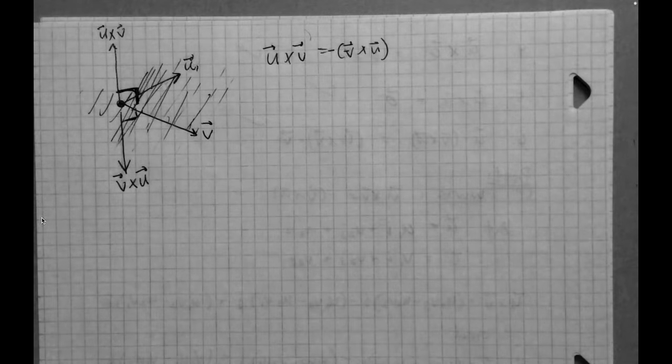And so that's why u cross v equals negative v cross u. Because u and v exist on a plane. When I cross u and v, I get one of the orthogonal vectors, and when I cross v and u, I get the other one. These two vectors are parallel to one another. They're just heading in different directions.